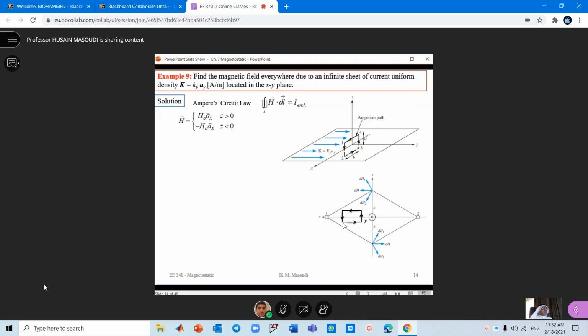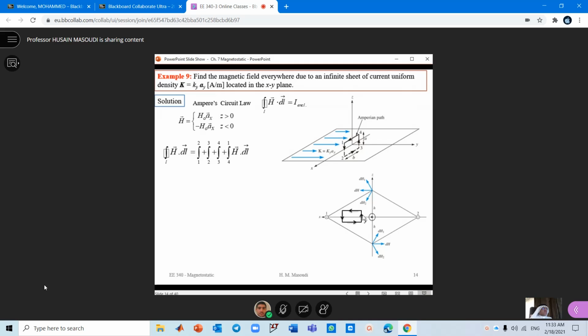And when we integrate from here to here, this is along the negative X direction, so the integration will be minus b multiplied by minus H0. And from here to here is going to be equal to 0. So the circulation, which is the 4 integrals, 2 of them are going to be zeros.